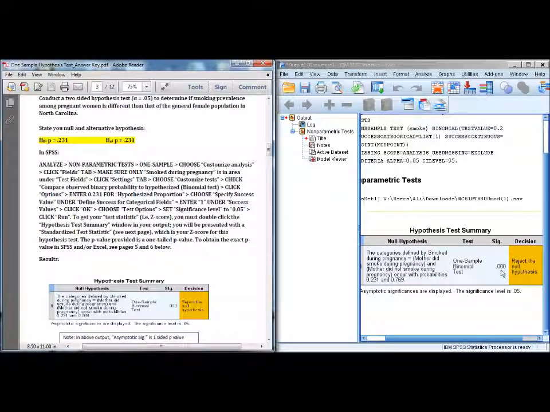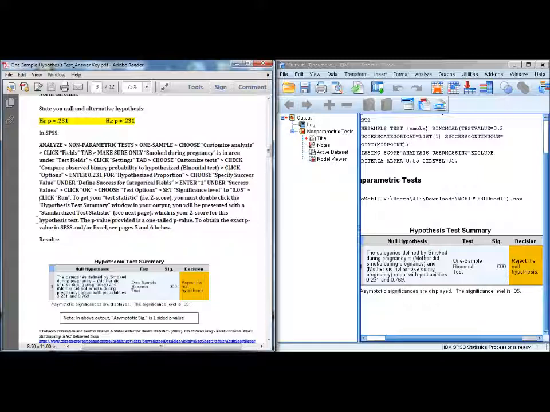So if this p-value here is 0.03, that would mean that the two-sided p-value is 0.06, and in that case you fail to reject. So remember that this p-value is one-sided. So we'll see how to get a two-sided p-value. We'll see how to get exact p-value in Excel next and in SPSS.